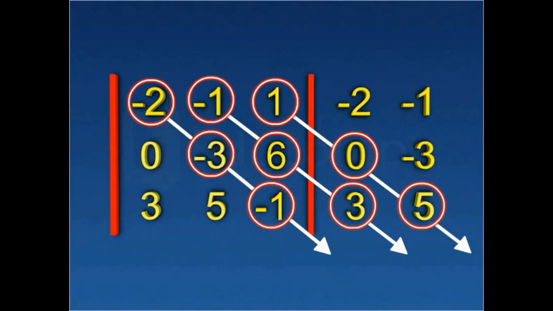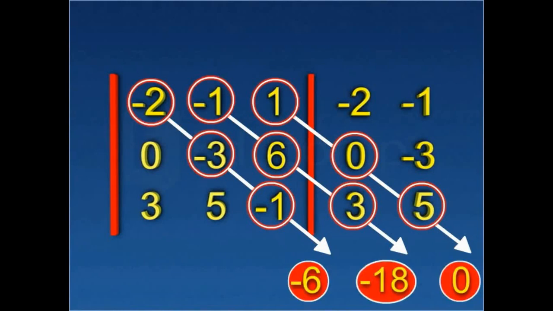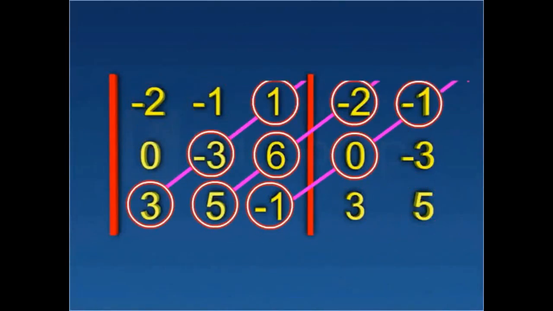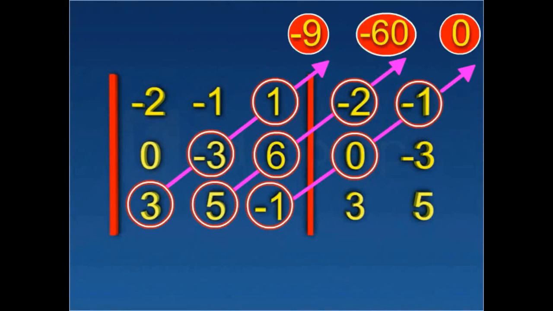Find the product of the numbers along these diagonals and add the products. Next, make all the three diagonals from bottom to top. Find the product of the numbers along these diagonals and add the products.